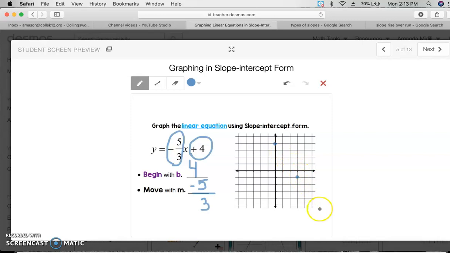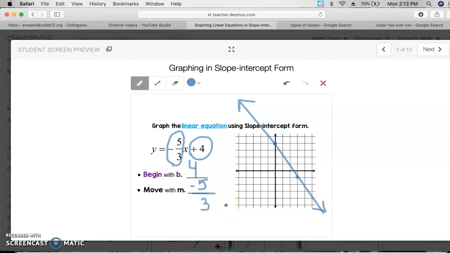I can imagine my graph of my line going downwards. So I'm going to click this line button here to nicely connect those two dots and continue my line on in both directions. Draw an arrow at both ends because the line goes on forever.